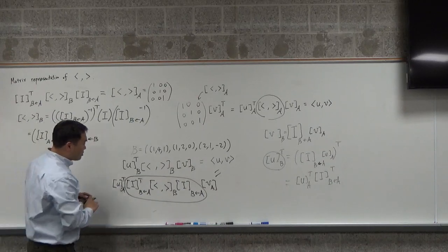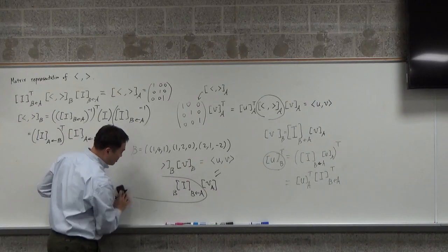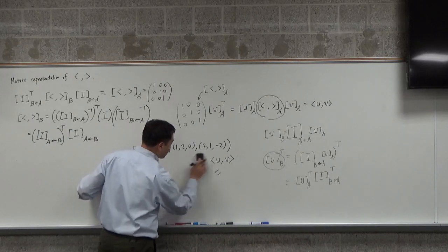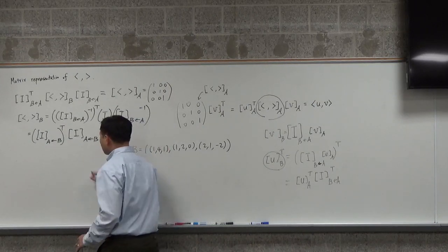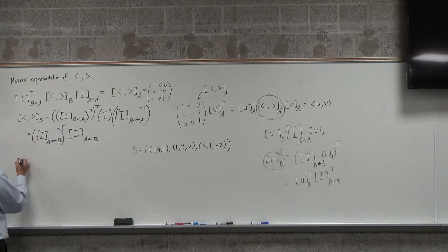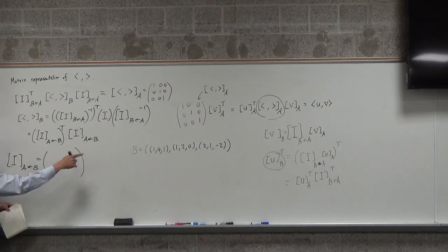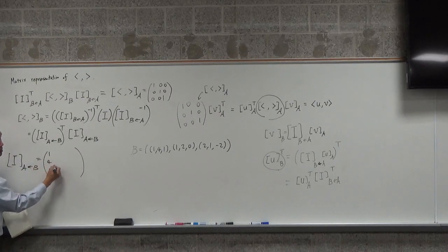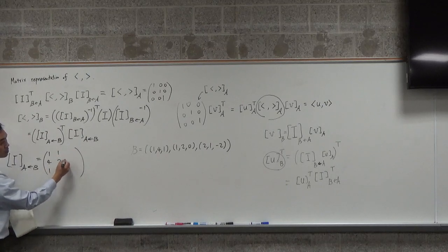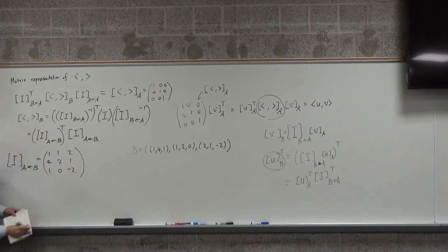Okay? So now let's actually do it, because in the last class I wrote this down. Can you tell me what I B to A is? Exactly this, those three vectors: 1, 4, 1, 1, 2, 0, then 2, 1, negative 2. Okay.